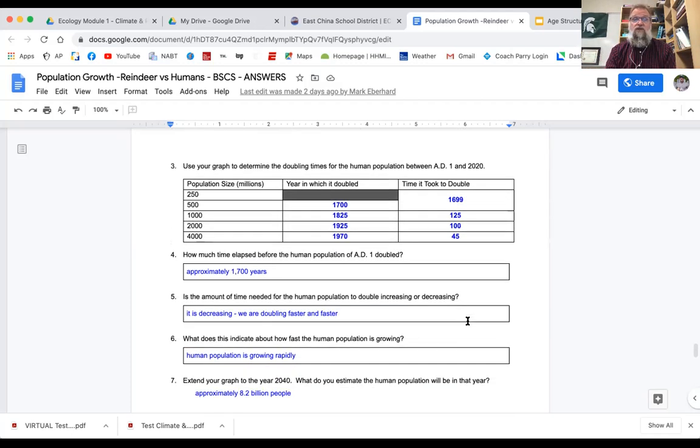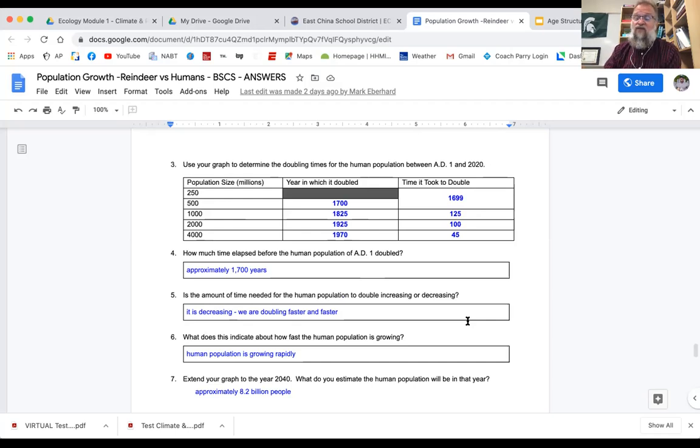It took us 1,700 plus years to double the first time. Now we're going to double 3 times in 100 years. So our doubling time is getting smaller and smaller, and we are doubling faster and faster. As a result, human population is growing rapidly. We're in an exponential growth phase.